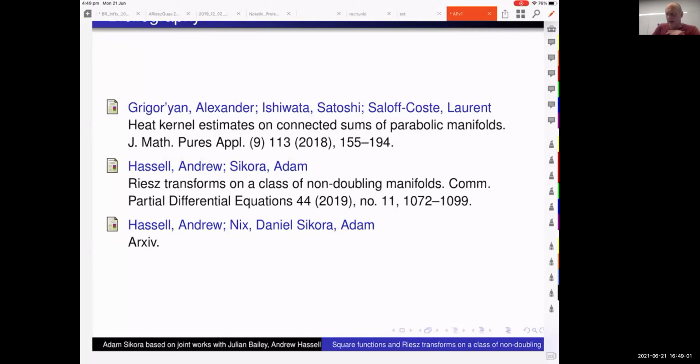So if you start talking about differential forms, you have much more information just from Riesz transform, right? So you can do it, but differential forms are a more difficult object, right?